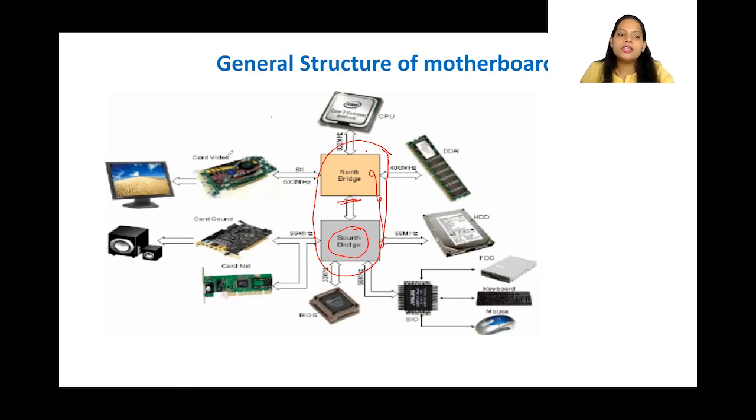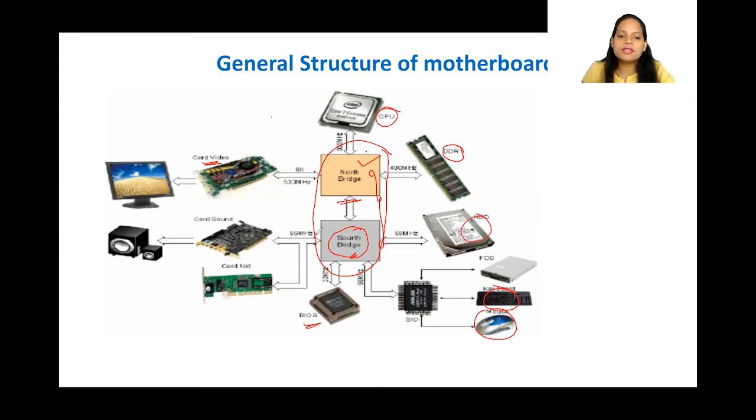It is connected to your video cards, to your CPU, and also to your RAM, ROM, etc. This north bridge chip is fast, which is why it is connected to these very important parts of the computer. The south bridge chip is connected to your BIOS, your mouse, your keyboard, your hard disk.